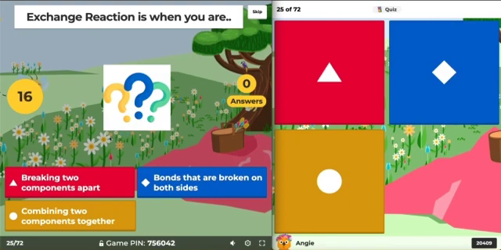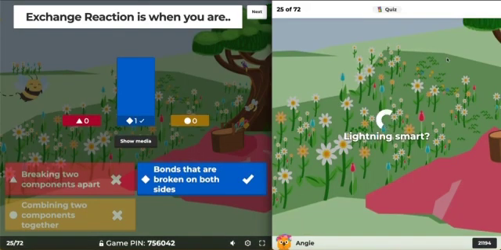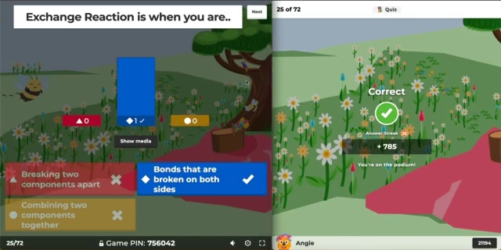Exchange reaction is when there are bonds broken on both sides. So you're going to break bonds on both sides, but you're going to mix it up. It's going to create sort of a new product, but bonds will be broken on both sides and not just one. Okay, so next question.